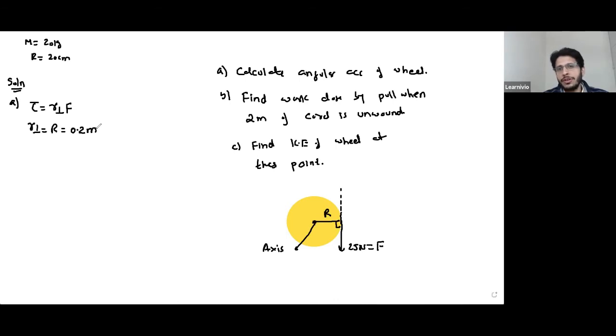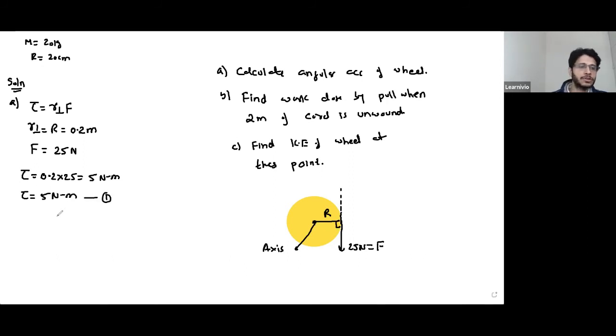The force acting on the wheel is 25 Newton. If I substitute all values here, your torque comes out to be 0.2 into 25. That's basically 5 Newton meter.